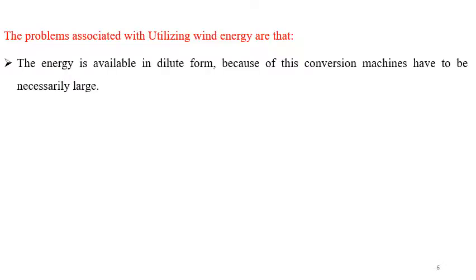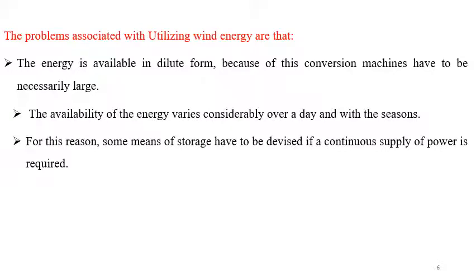Next, we will see the problems associated with utilizing wind energy. The energy is in dilute form, and because of this, the conversion machines have to be necessarily large. The availability of energy varies considerably over a day and with the seasons; it will vary from time to time.